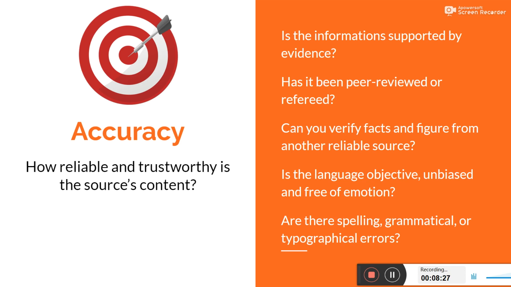Also, is the language objective, unbiased, and free of emotion? Usually when you have inquiry questions, there's all sorts of different opinions floating around. If they only talk about one opinion and they don't really talk about others, then you have to be careful.